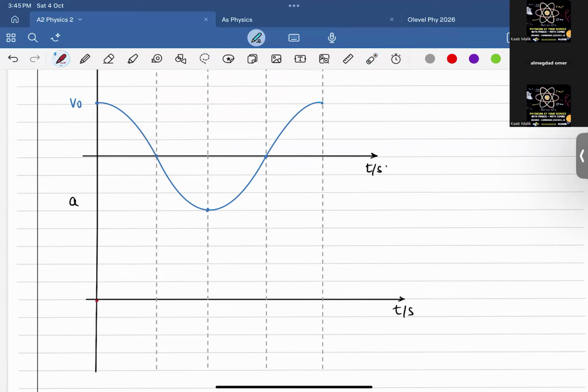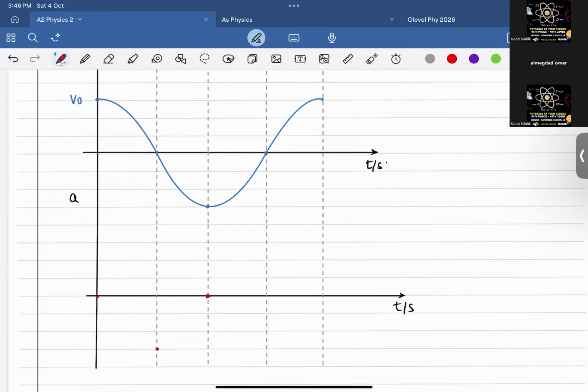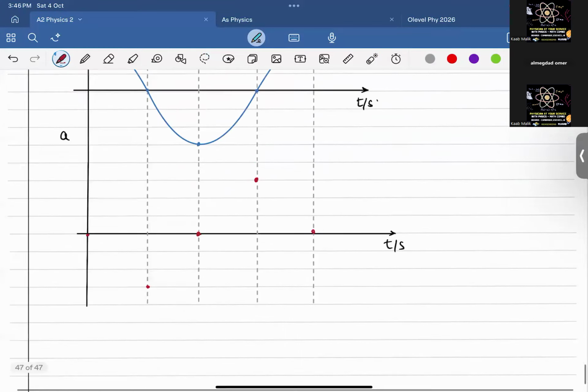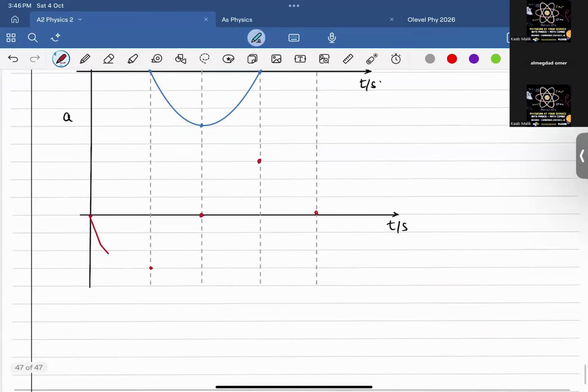Then it is zero at the maximum velocity because the tangent is horizontal. So it will be right here, and then like this. Okay, so the graph looks like this.